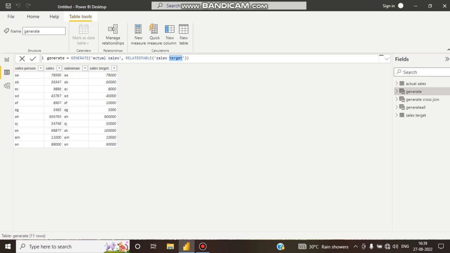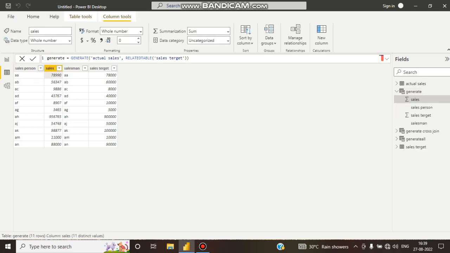So whenever I use GENERATE with RELATEDTABLE, it picks the common rows from the two tables, the rows which are available in both of the tables. This DAX function will pick them up. Here you can see the salesperson, what he sold, and his sales target. This is an inner join.